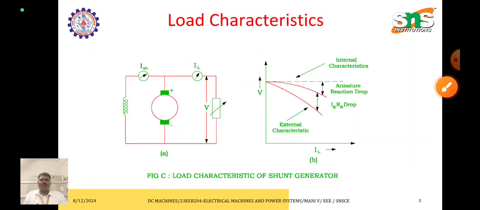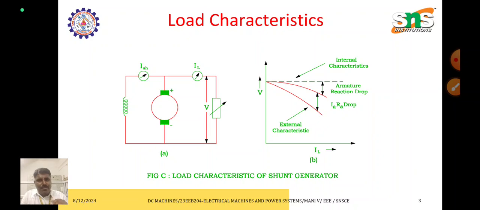The next one is the load characteristics. During the load characteristics, we have to maintain the field current constant. For example, the field current which produces the rated voltage has to be maintained constant.